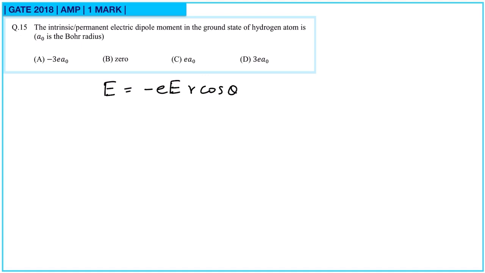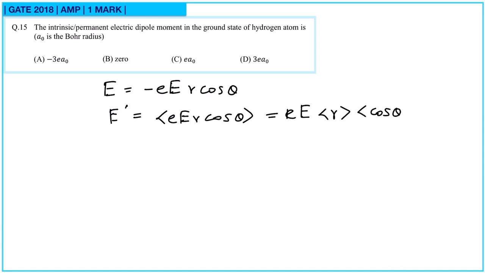If we take the average value of this, e is common, so the average value of r into the average value of cos theta, and that will be equal to 0. So the intrinsic electric dipole moment of hydrogen atom will be 0 only. So option B is correct here.